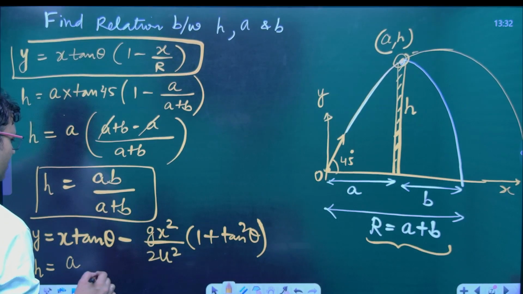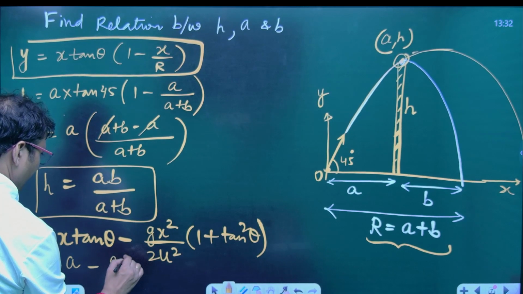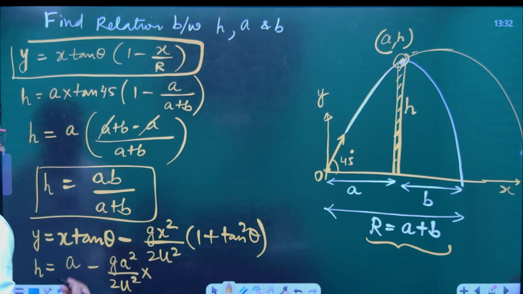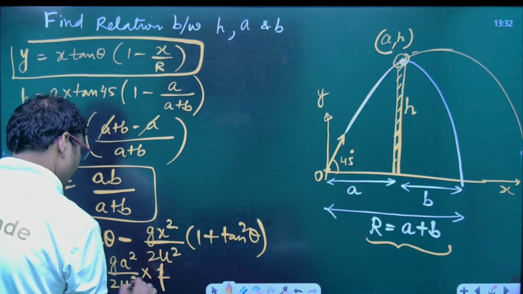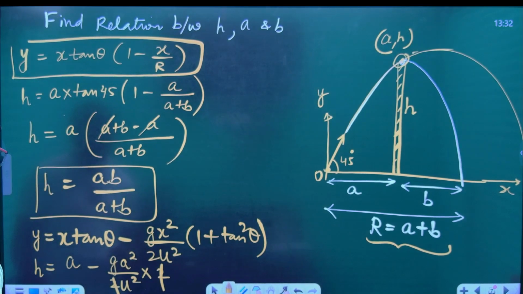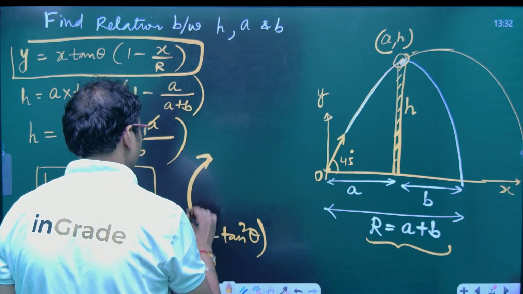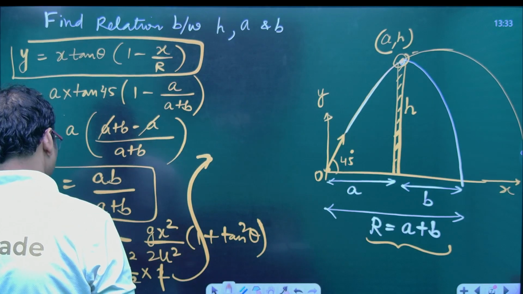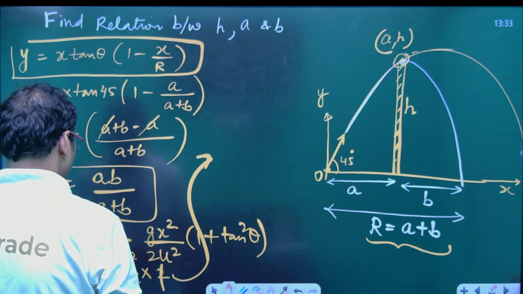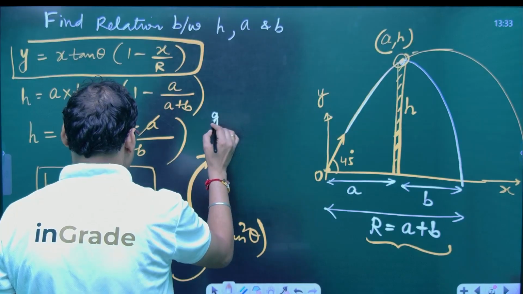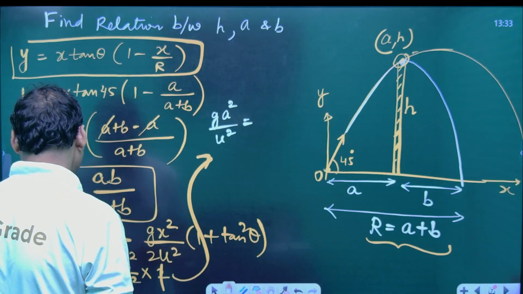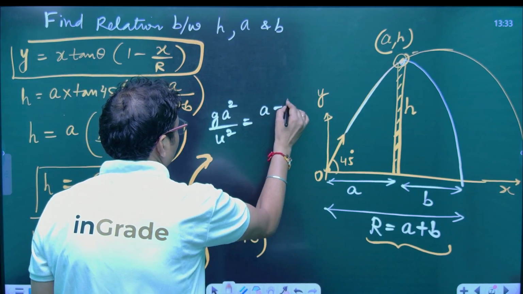So h is equal to a minus g a square upon 2 u square times (1 plus tan square theta), with tan theta equal to 2h over a. The 2 gets cancelled out, then from here we can write a minus h equals g a square by u square.